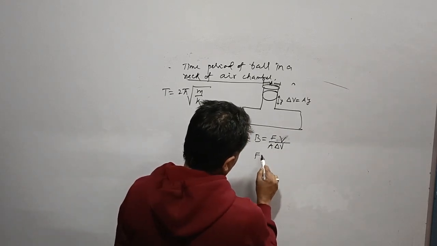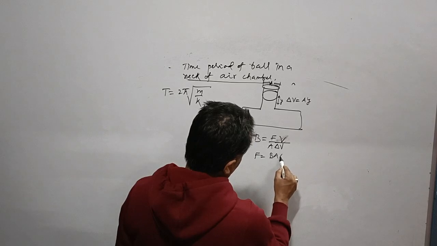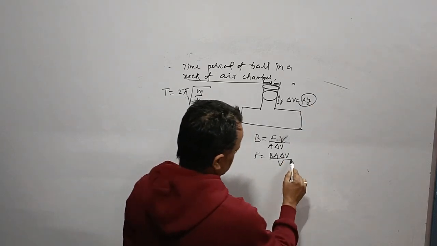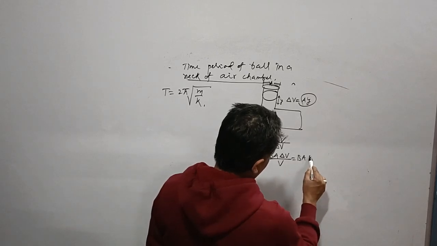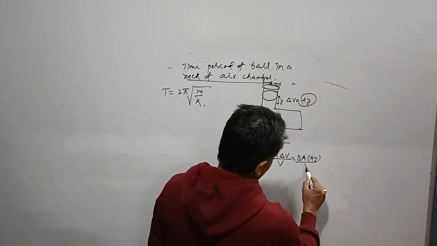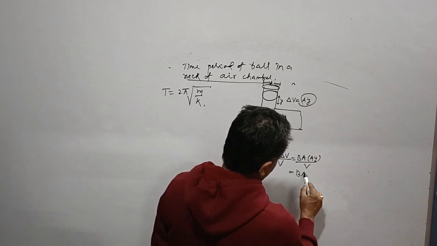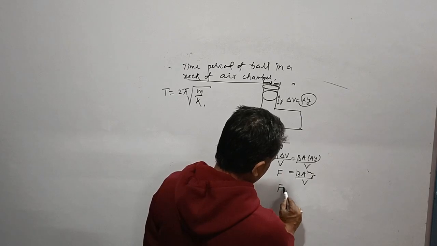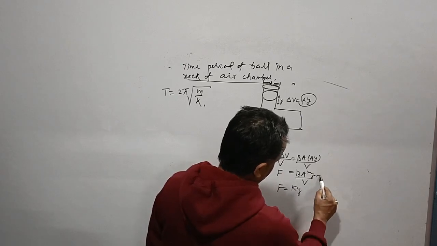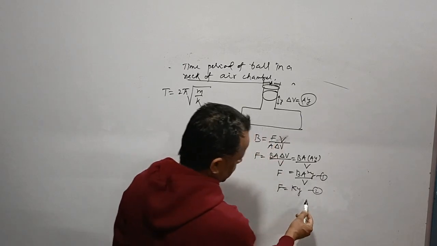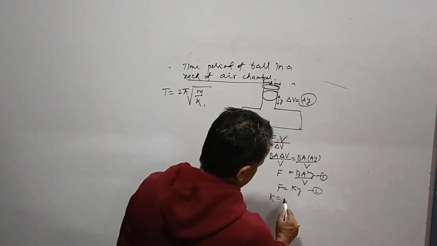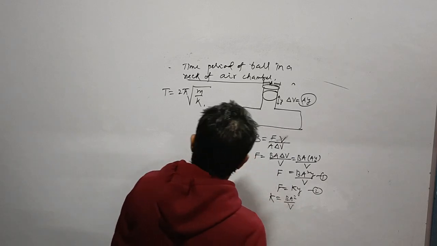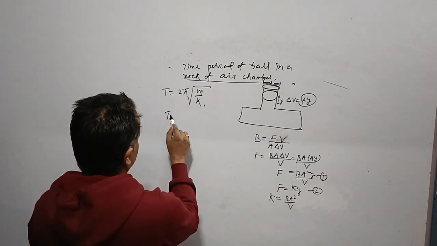Force will be equivalent to V into A into delta V upon V, and we know that delta V is A into Y. So V into A square Y upon V is the force. And we know that force is also equal to K into Y. We have to calculate the restoring force and the spring constant. K is equivalent to V A square by V.